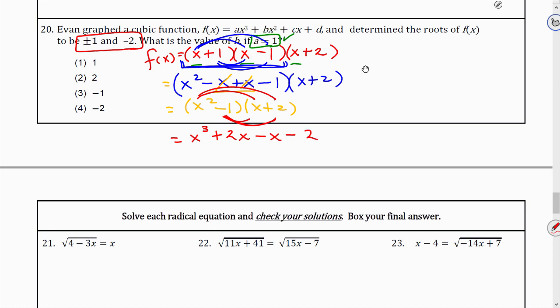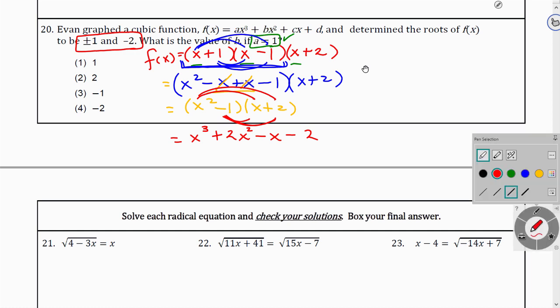Okay, I made a mistake somewhere. x squared, this one is squared. Yeah, that's it. So looking at this, I can tell that b is the coefficient of x squared, which is positive 2. Not too bad.